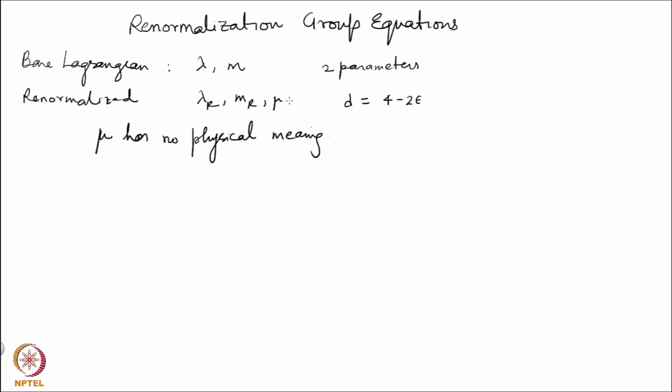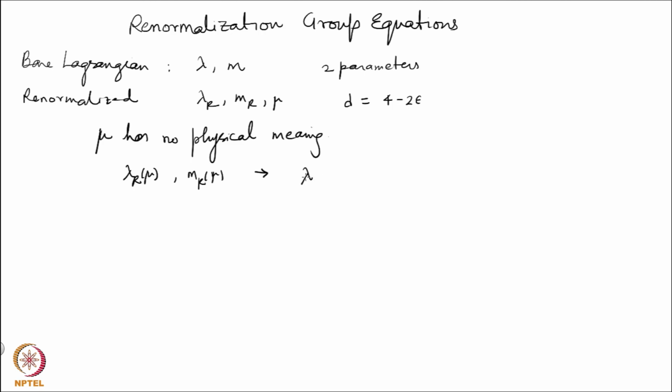Okay, and as we discussed last time, I can choose to change the value of mu without altering the theory, provided I also change lambda r and m r such that it compensates the changes in mu. Okay, so we said that lambda r should be written as a function of mu, m r should be written as a function of mu, such that we keep these parameters fixed. Okay. So this fixes the theory.